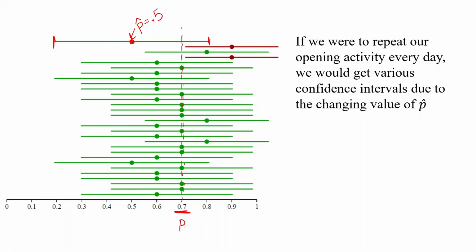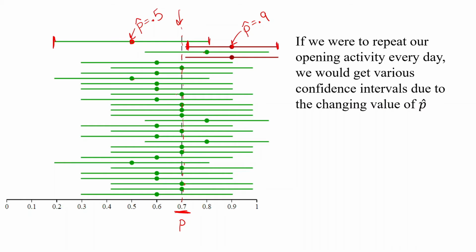The next one we created, our point estimate ended up being 0.9. And when we constructed our confidence interval there, we can see that we did not capture p. P is over here, and this is our endpoint. We did not capture p. And if we were to repeatedly take a sample of 10, find our p hat values, all of these points are our p hat values changing.